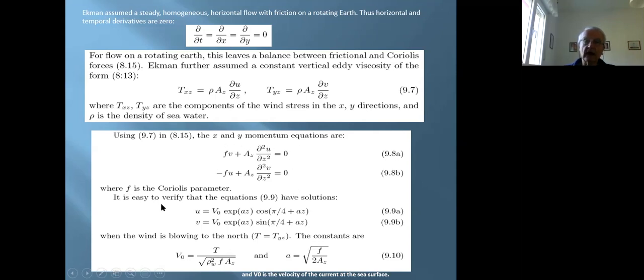And so when we put these into the equation, we obtain this kind of equation. And now it is easy to verify that these equations have these two kinds of solutions, where we have a V0 times exponent of az multiplied by cosine or sine.